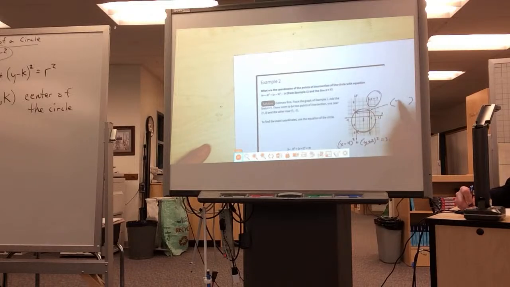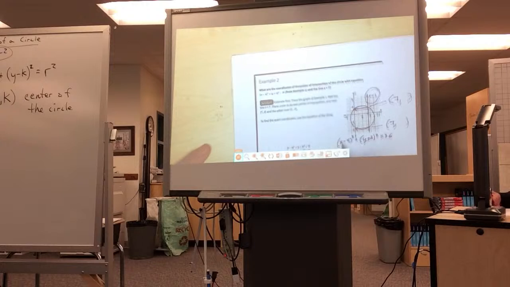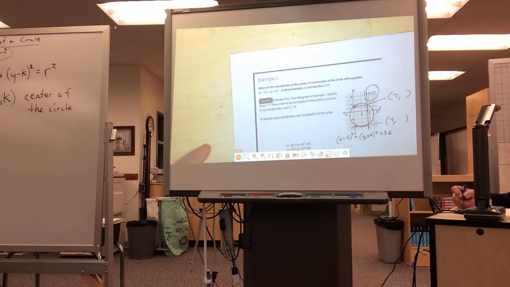We know that the x value is 7, but we now need to find out y. And then down below here, it's also x is equal to 7, and again, the y value is what we're looking for. So what we have to do is go into the equation for this circle, substitute the x value 7 into the equation, and solve for y.